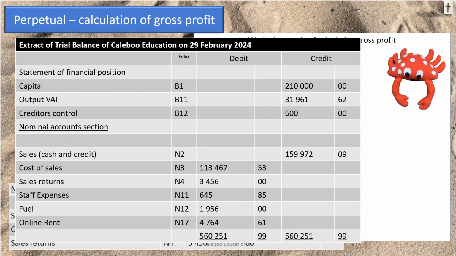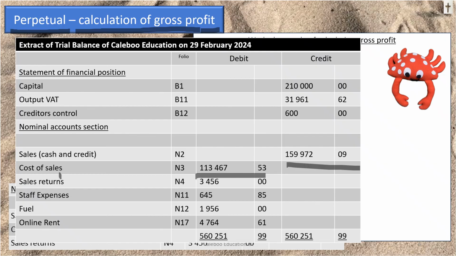Let's have a look at another little section, part of perpetual. That was insurance claims. Now I want to calculate the gross profit to finish off this perpetual inventory system. With perpetual it's quite easy because you have the sales figure less the cost of sales.